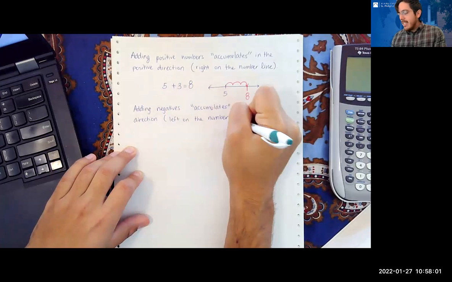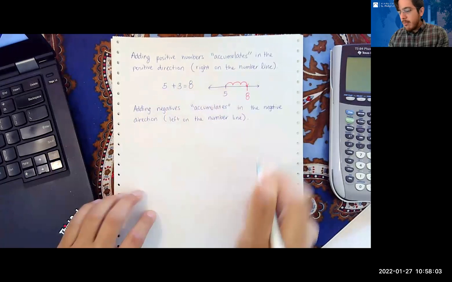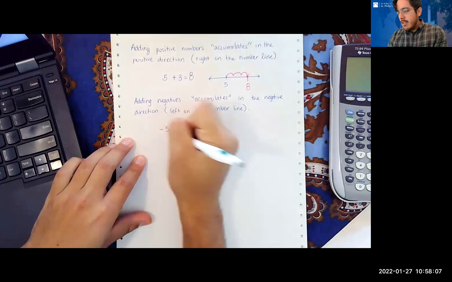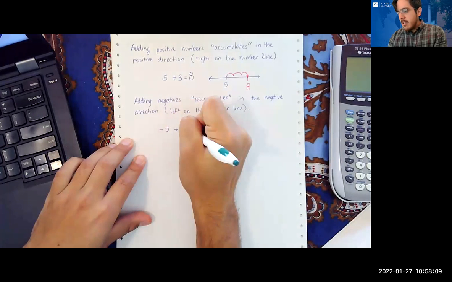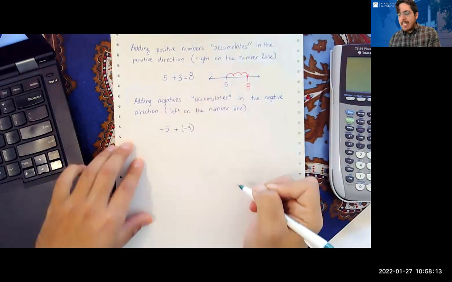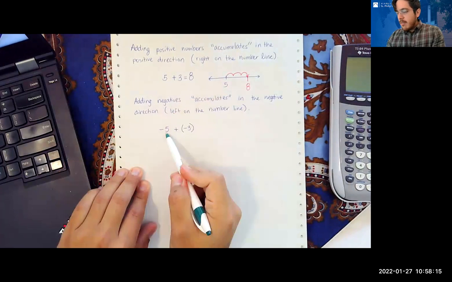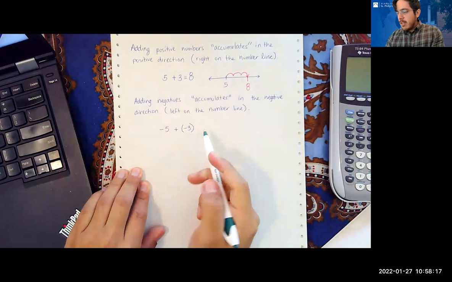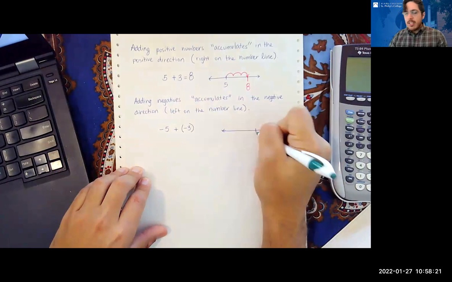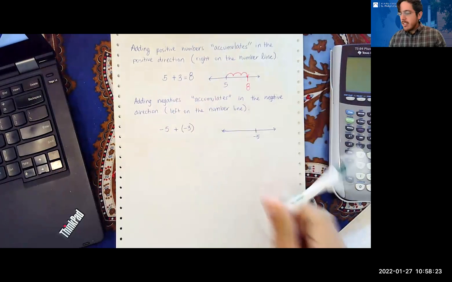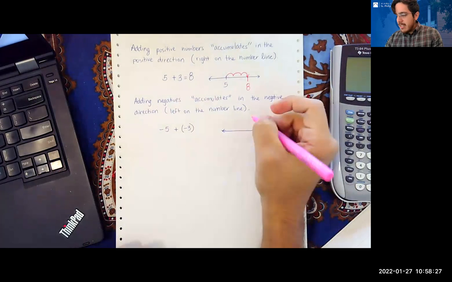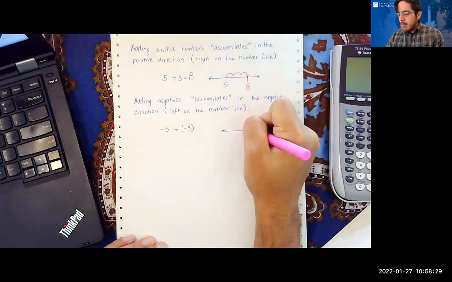So if I started with -5 and I added -3, then I should go to -5 on the number line, and negative numbers accumulate in the left direction. So I should go 1, 2, 3 to the left, and that should be -8.